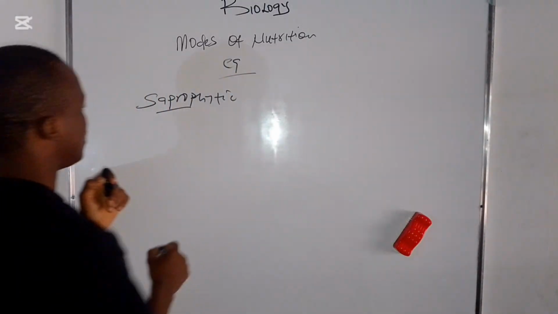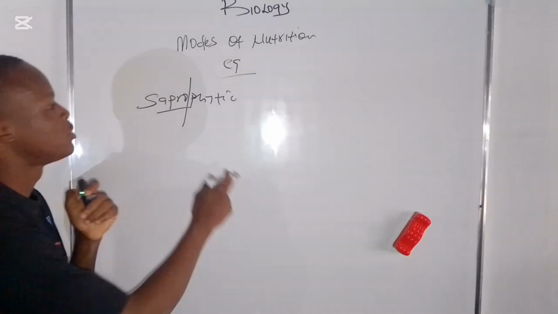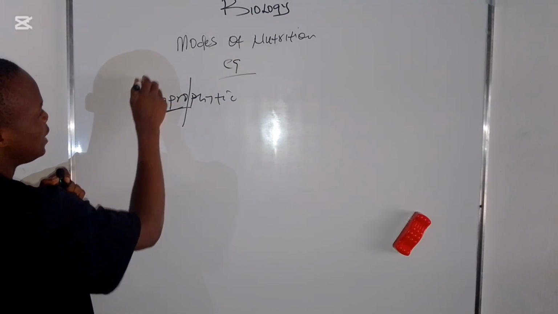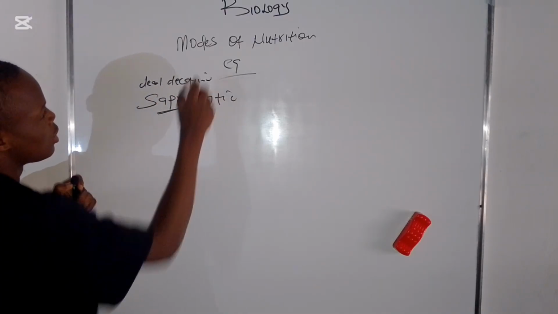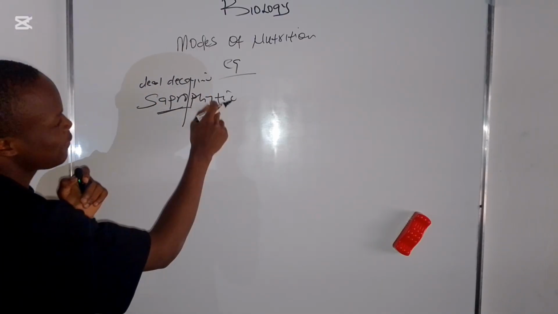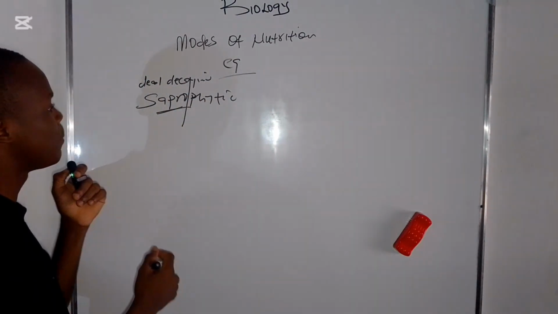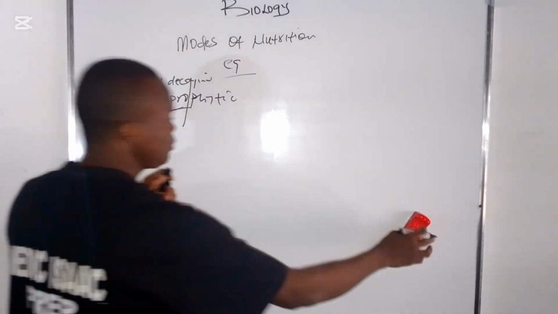What do I mean? This is sapro, this is phytic, right? Sapro is dead, decaying. So they are dead, decaying. Phytic is depend. So that depends on dead and decaying organic matter for them to gain their food.